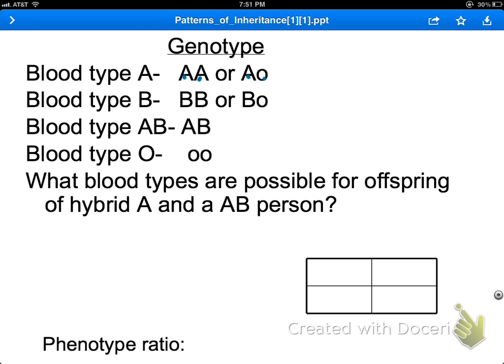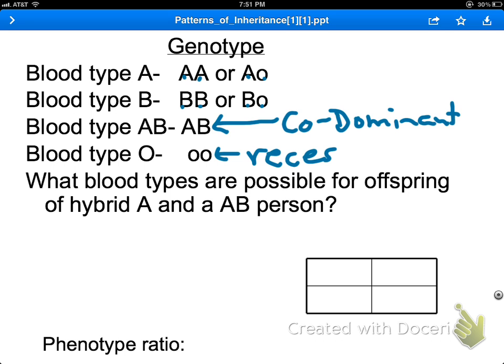For blood type B, you could have two capital B's or the capital B and the recessive O. Blood type AB, this is where the codominance comes in, where you have one allele of A and one allele of B. Type O, notice the two lowercase letters, this is recessive. And as you can see from above here, it's recessive to both the A and the B allele.